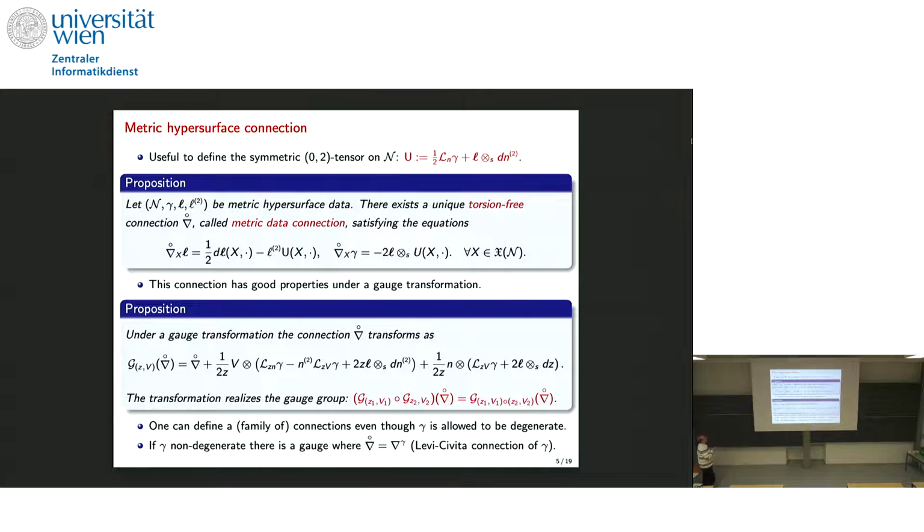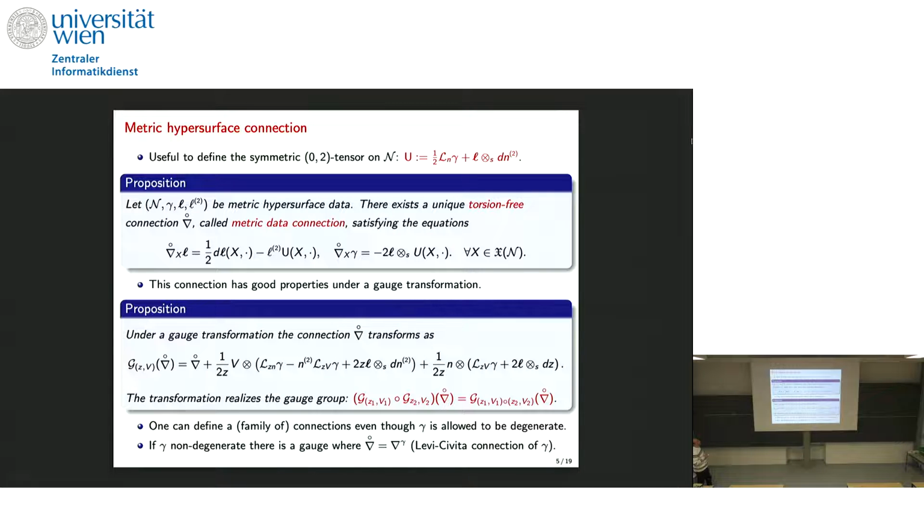First, since the connection is unique for each metric hypersurface data, I can now change the data by a gauge transformation and just compute how this connection will transform. The result is this. Again, the explicit form doesn't matter. It's somewhat complicated. It has some quantity that goes along the gauge vector V, and some quantity that goes along this vector N. But what's important is that this transformation realizes the gauge group.